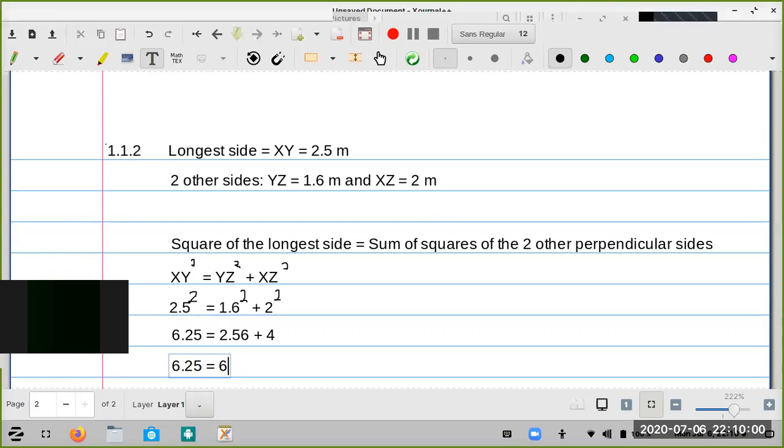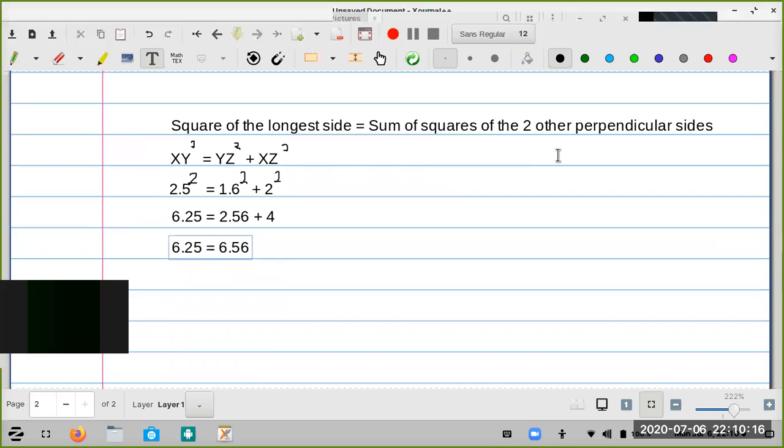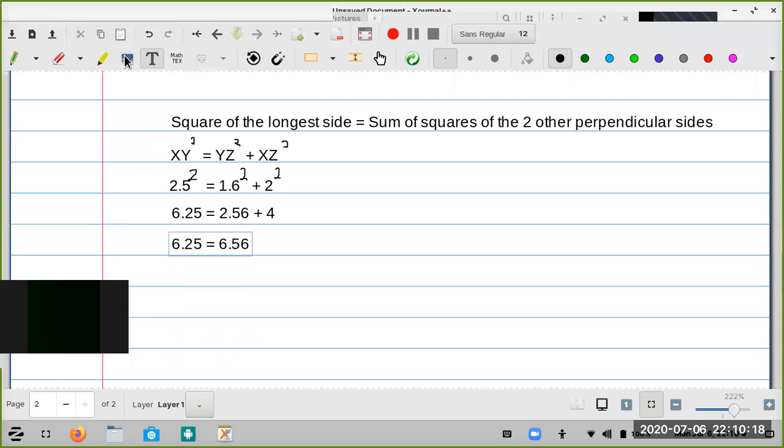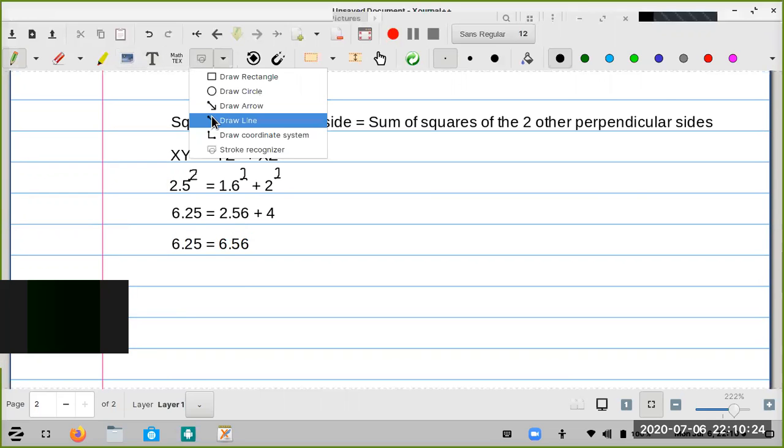Now, if you compare the left-hand side and the right-hand side, you can see that the right-hand side is not equal to the left-hand side. Therefore, since the two are not equal, let me put this sign to show that the two sides are not equal.